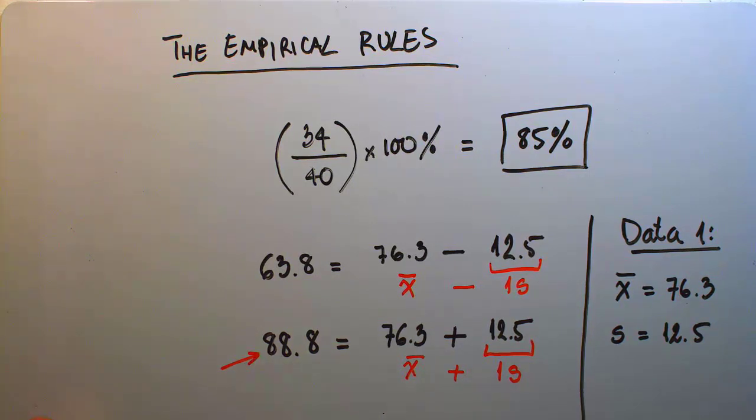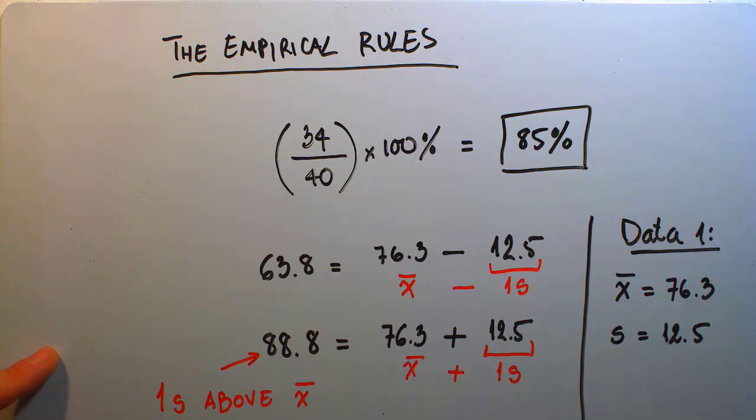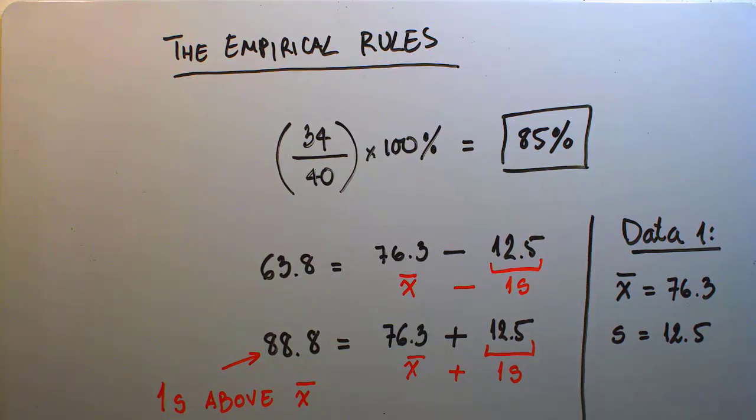The high end of the interval, this value 88.8 in particular, from where the mean was, we plus one standard deviation. And so here I'm saying that I am one standard deviation above this value 88.8. And then of course at this point, if you start having some connection in mind regarding what we have learned previously, it will all be connected.